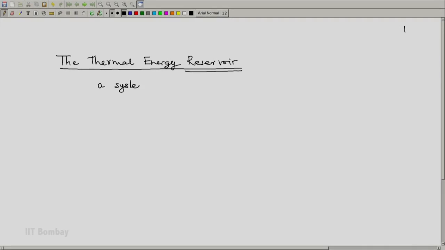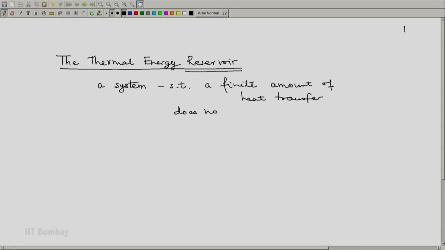The thermal energy reservoir is a system such that a finite amount of heat transfer from or to the reservoir does not lead to any change in its temperature.